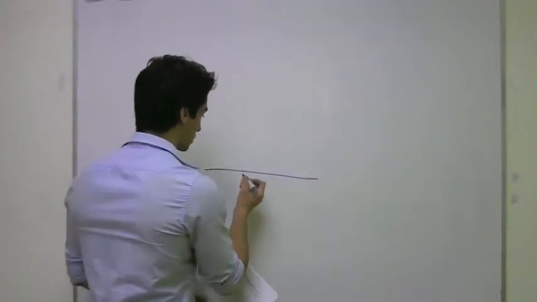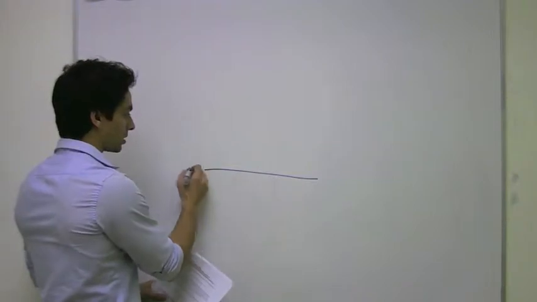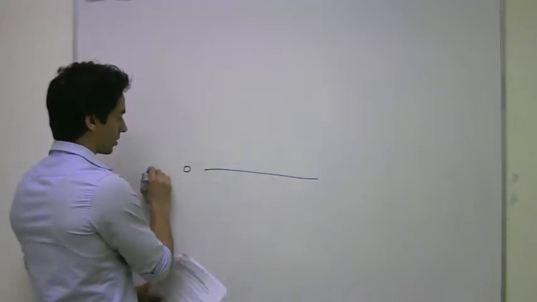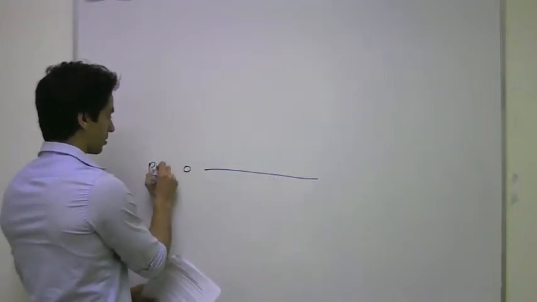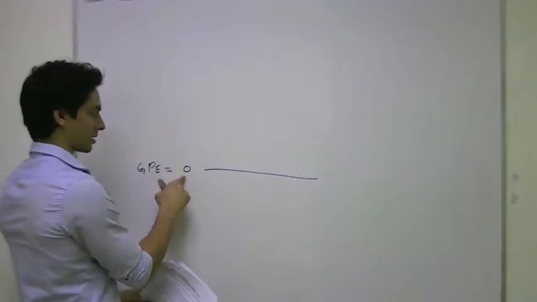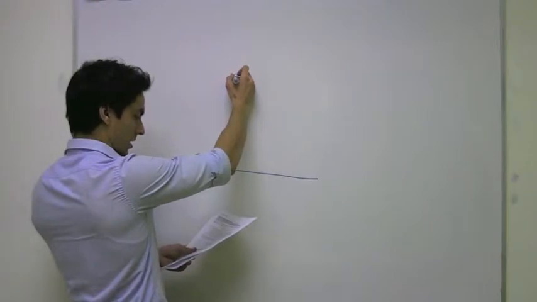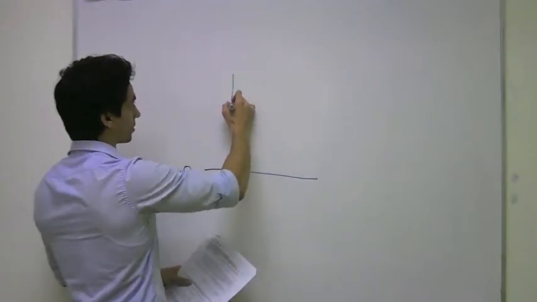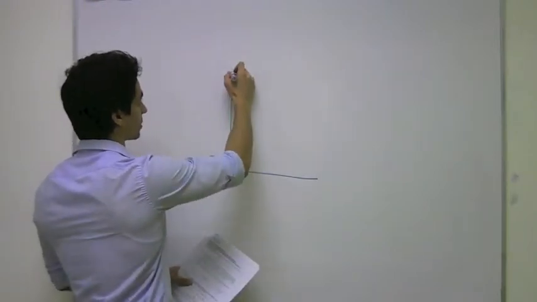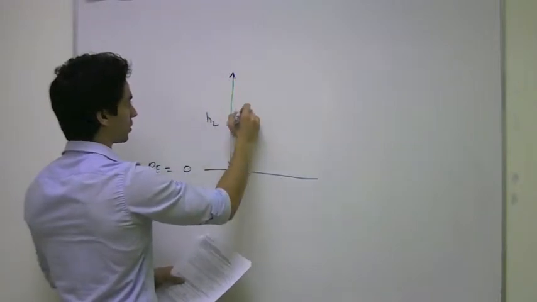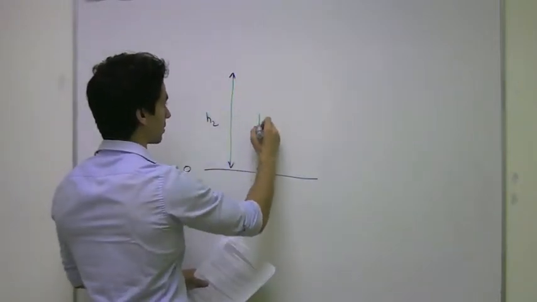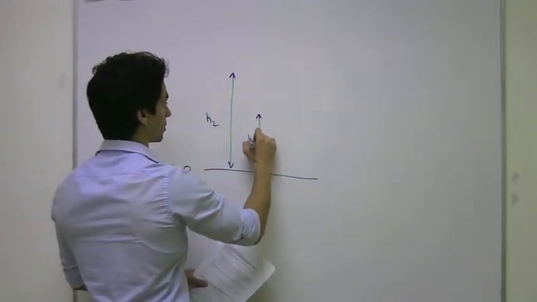From IGCSE, students should remember that near the Earth's surface, the gravitational potential energy is considered to be zero at the Earth's surface, and it goes on increasing as the height increases. So let's say this is height h2 and this is height h1.